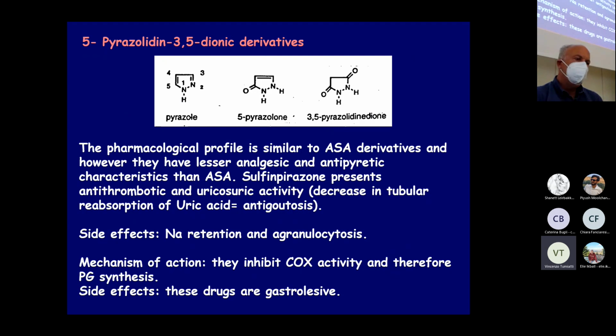Fifth class, pyrazolone. You see the backbone of this class, 3,5-pyrazolidinediones.